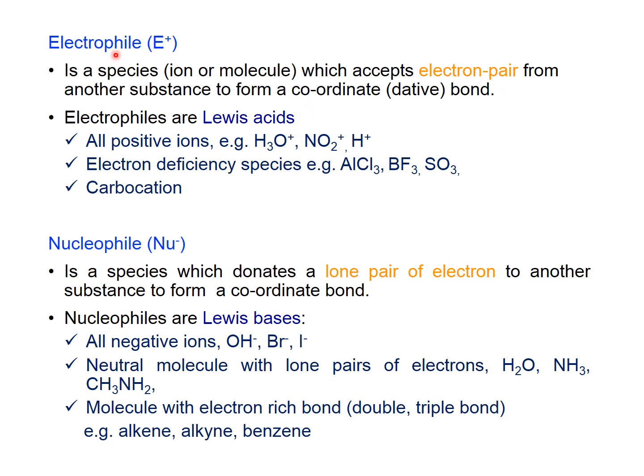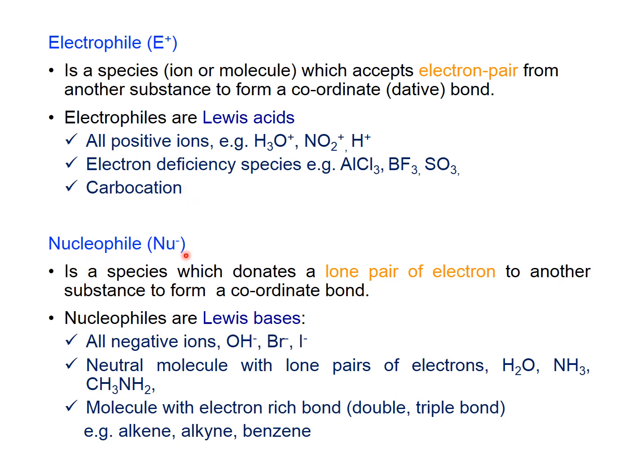Dia ialah positif dan dia akan terima elektron, dia suka elektron. So all positive ions, example hydronium, nitrogen oxide dengan hydrogen ion. Electron deficiency species. Carbocation ion, because it has a positive charge in its structure.